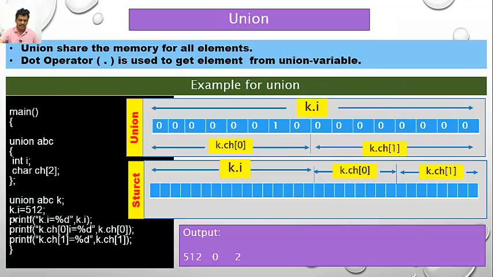Then we assign k dot I equal to 512. The 512 is assigned to k dot I, which is totally 16 bits.